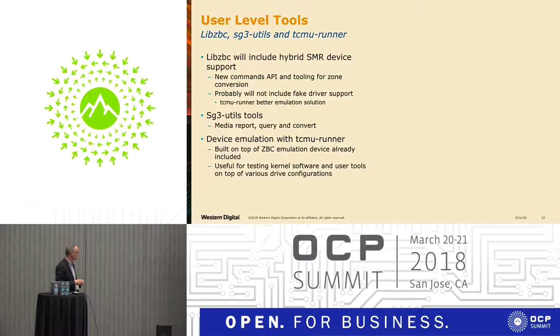We also have recently released an SMR ZBC emulation handler for the TCMU, so SCSI target user level emulation for the TCMU runner project. And we are planning also on releasing the same kind of emulation handler for hybrid SMR drives. This is an excellent tool for debugging applications because you do not actually have to, for example, get a bus trace to know what's wrong with your IO path.